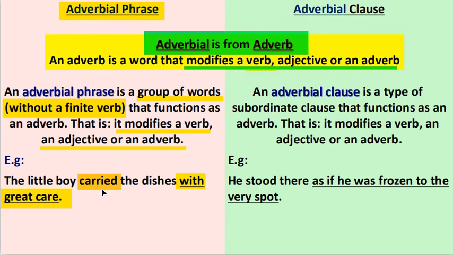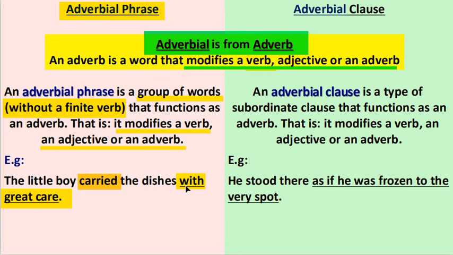Do not forget, from our definition, we said that an adverbial phrase modifies a verb, an adjective, or an adverb. In this example, it tells us how the verb was done. And it's a phrase because it does not contain a finite verb, not even any verb. Look at it. With great care.